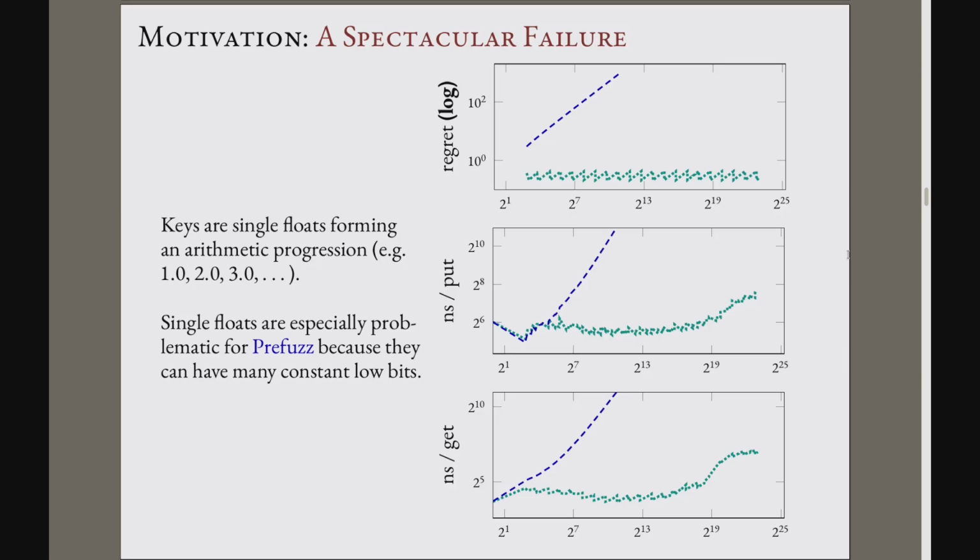So what happens is that they only differ basically in the low bits, and prefuzz really sucks at using the high bits for reasons that we are going to see later on. And in this case, regret predicts real-life performance quite well. So we suffer a quadratic performance loss in the number of keys. So this is basically a denial of service right there.